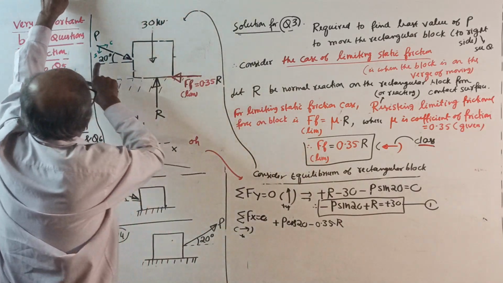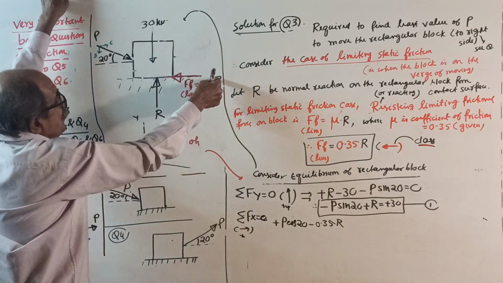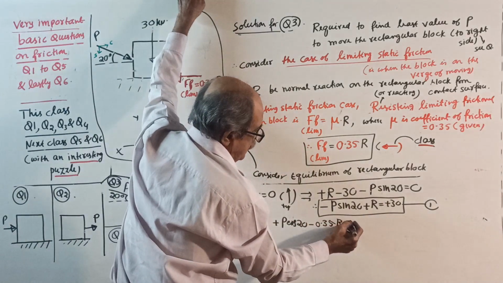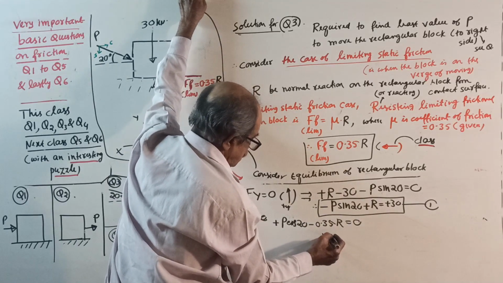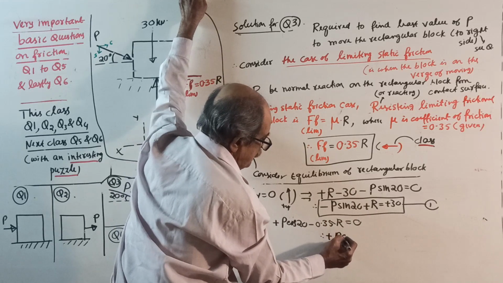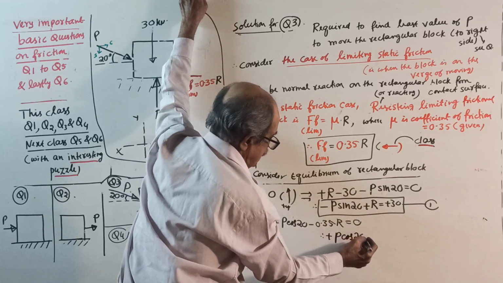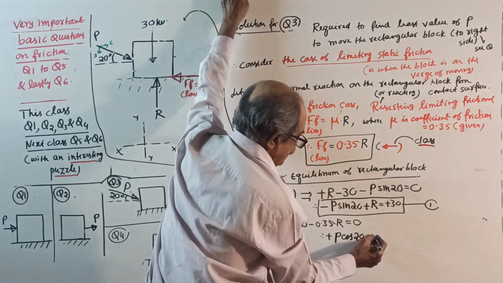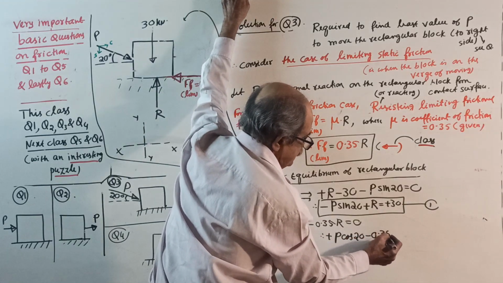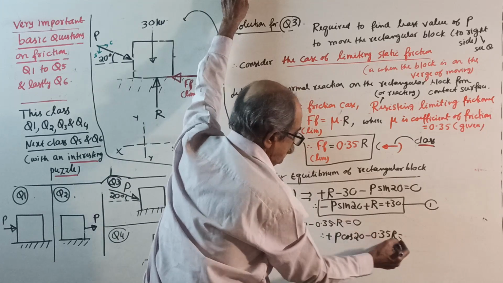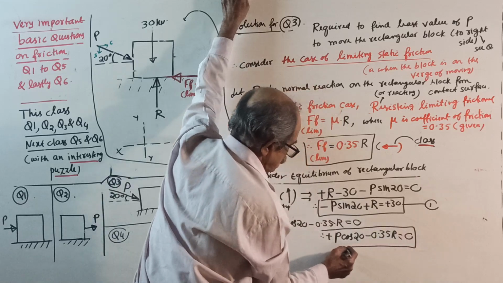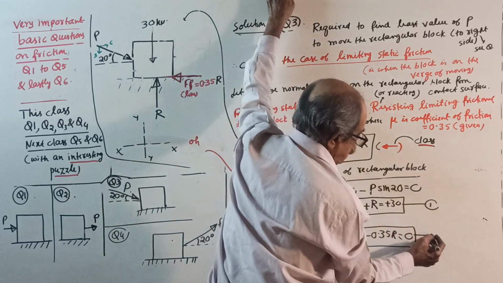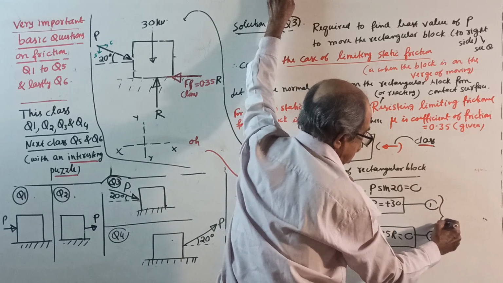Plus P cos 20 minus 0.35 R equal to 0. This is your equation number 2.